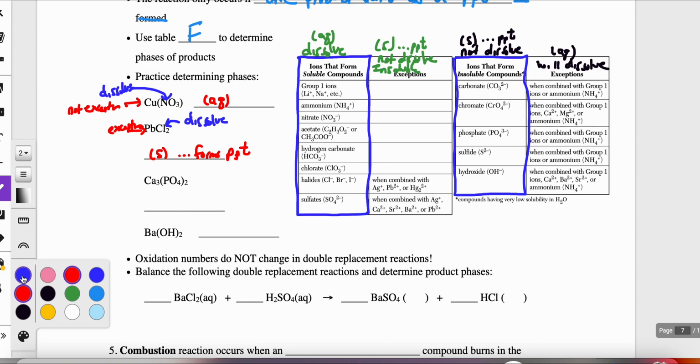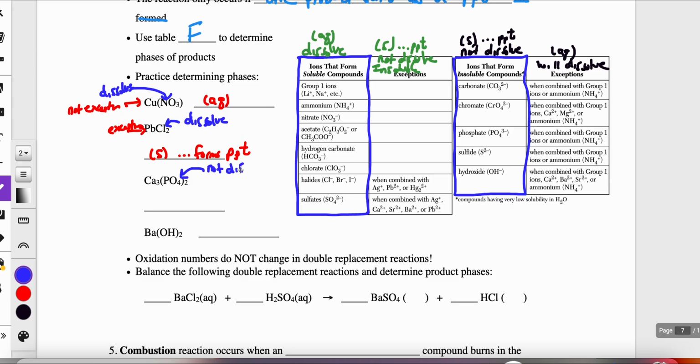Next example. I have a partner Ca and PO4. When I look down this list, I don't see Ca or PO4. When I look at the next list, I found PO4. PO4, if it's present, is typically insoluble, so I'm going to write not dissolve.